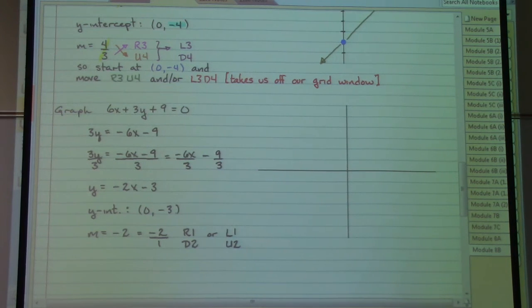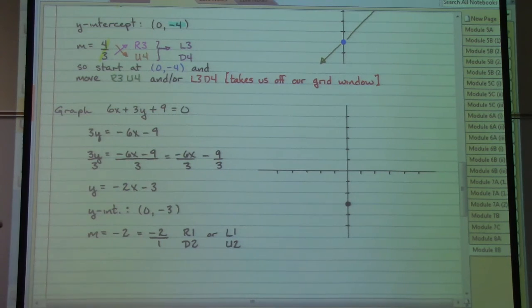We can take this information, move over to our axes, put in some markings. Start by identifying the location of our y-intercept, which would be from the bullseye down 3.